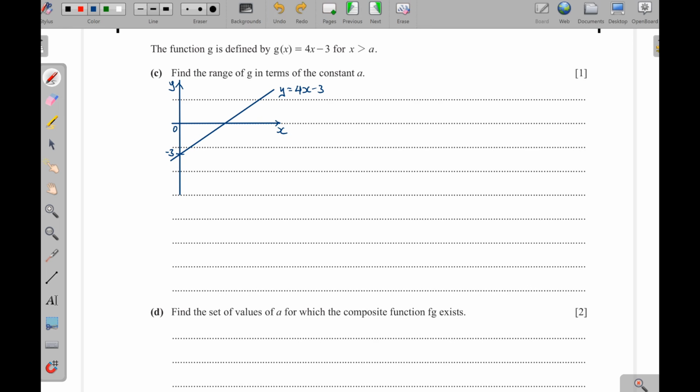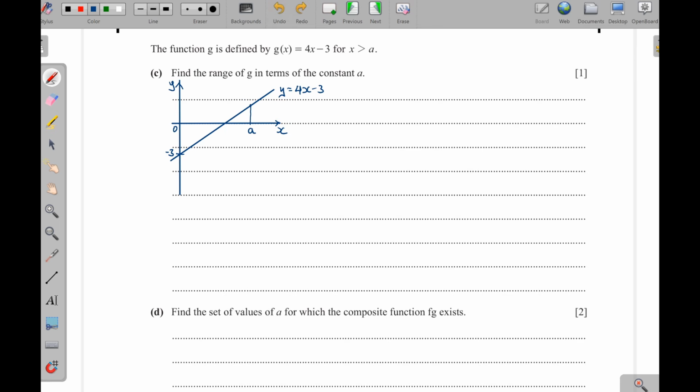So when you put in a here, it will correspond to a certain y value. So if this is a, maybe I'm just assuming a is here, so it will give us a certain what? Y value. Okay. Now, a and above will give us y values which are also going to be greater than the y value you are going to get here. Does that make sense? Okay.